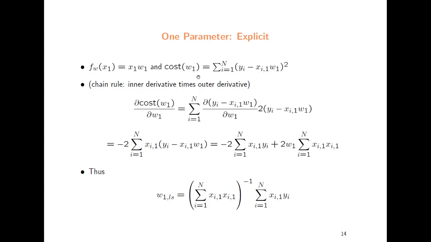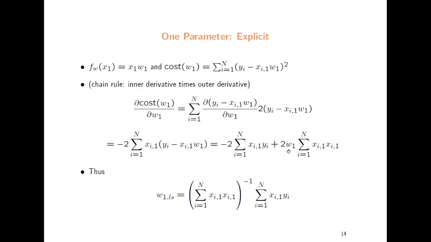You should remember from high school days that you can apply the chain rule for this. So you take the derivative with respect to w1. Again, you get 2 times this term, the sum remains, and then the inner derivative, which of course is xi1.